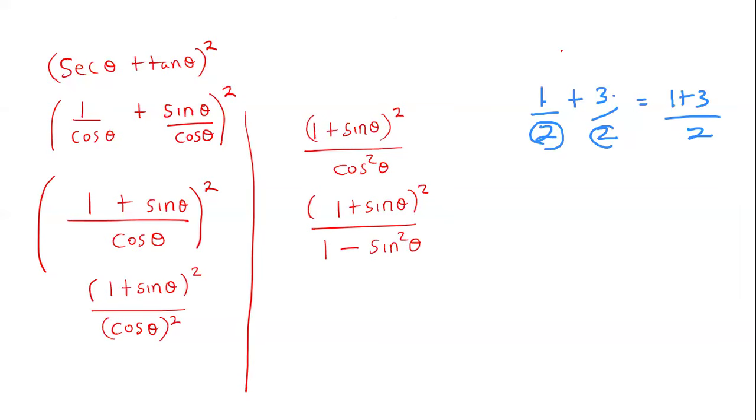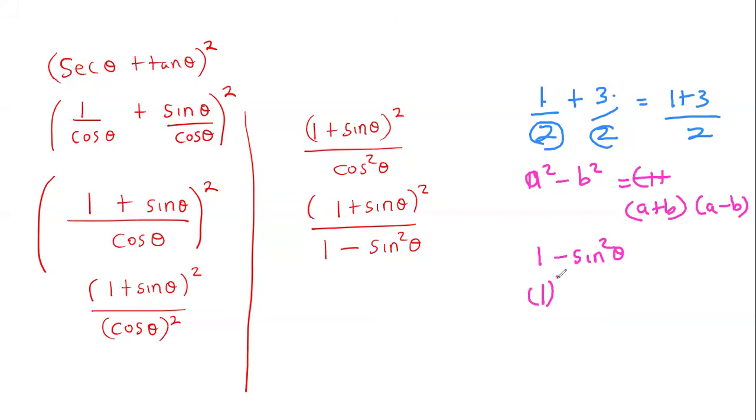Now, this is where you are going to bring in the mathematical eye, that you know a squared minus b squared is the same as a plus b, a minus b. Now, since you have 1 minus sine squared theta, you know this is mathematically 1 squared minus sine theta squared.